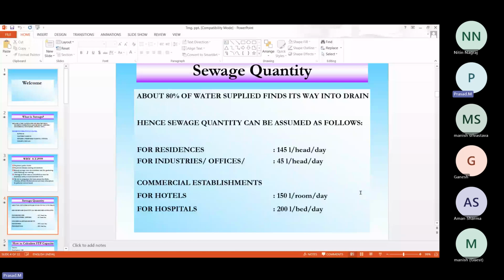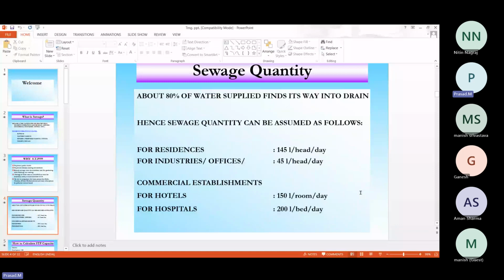For calculating the STP capacity, these are the assumptions: for residences, 145 liters per head per day; for industry and offices, 45 liters per head per day; for commercial like hotels, 150 liters per room per day; and for hospitals, 200 liters per bed per day. Based on these assumptions we calculate the STP capacity.